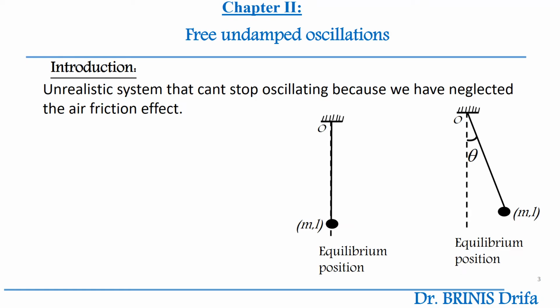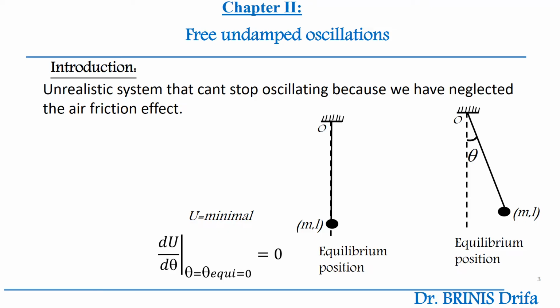At the beginning, at the equilibrium position, the characteristic of this position is that U, the potential energy, is minimal, and we can model it mathematically by the derivative of U over d theta equals 0 for theta equal theta equilibrium, and in our case theta equilibrium is equal to 0.